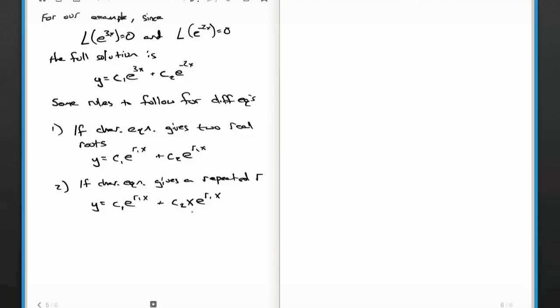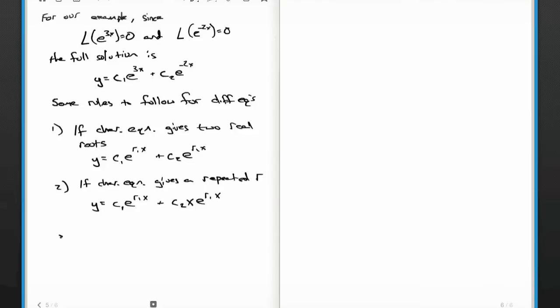If we didn't put this x in here, if we just said c1 e to the r1x plus c2 e to the r1x, well, really, we would just have c1 plus c2, okay? So that wouldn't work out.